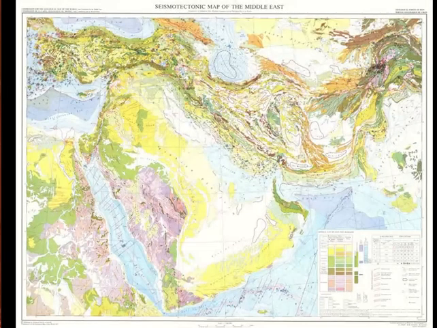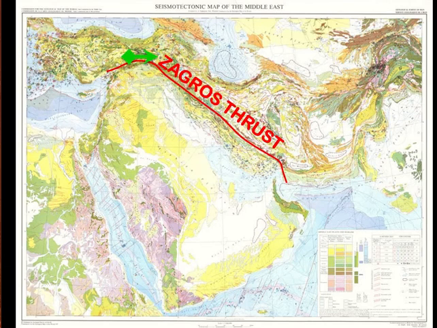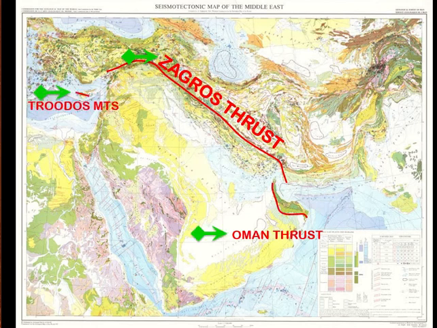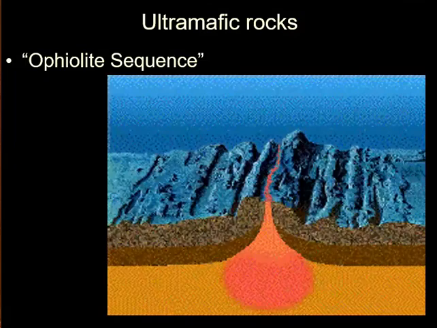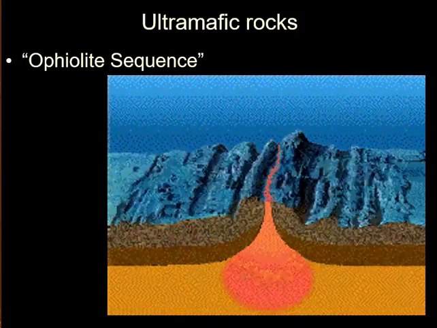Well, what is possibly more interesting to the studiers of stuff is when you get these things being thrust up onto the Earth's crust, as we have in the Middle East with these thrust zones, which, because of the collision of the Afro-Arabian Shield and the Eurasian Shield, have produced what is known as an ophiolite sequence.